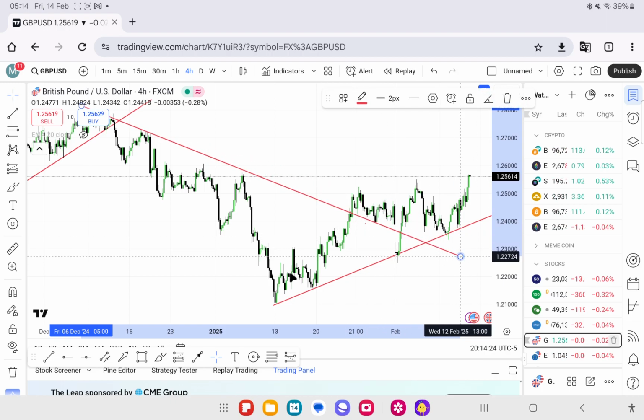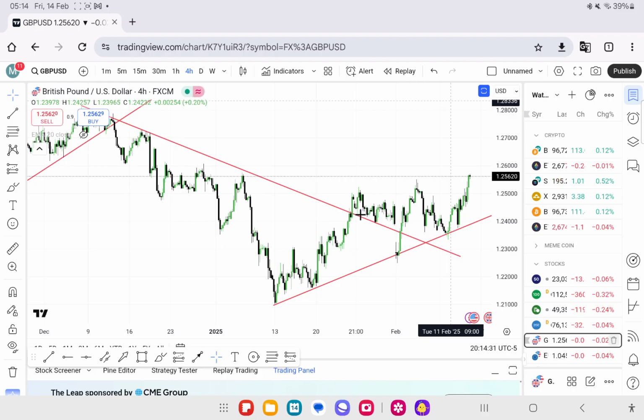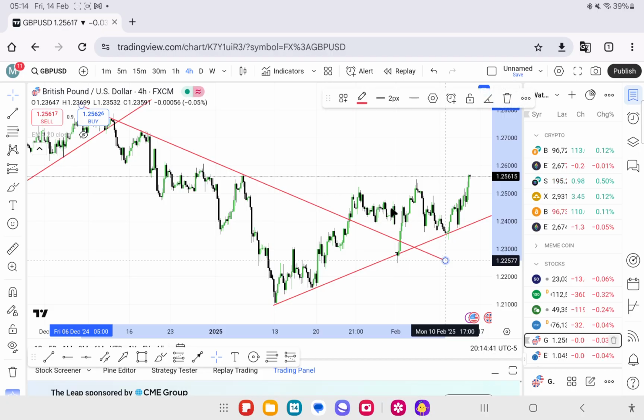Now you can see that these are the points where it is getting supported and getting reversed from here. You will see another point as well. That is how we are talking about this level. So whenever a resistance or support level has a breakout, it will reverse its roles.